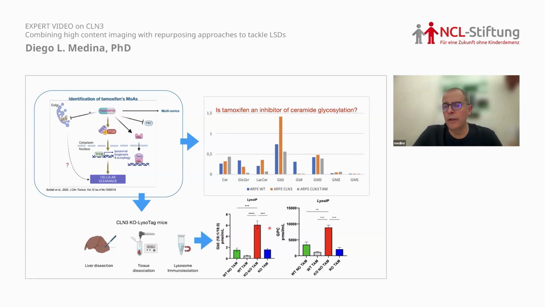But more interestingly, tamoxifen is also able to reduce the level of GPDs inside the lysosome. And this is very important because recently it has been described in a paper that the accumulation of these phospholipids is a hallmark of Batten disease.